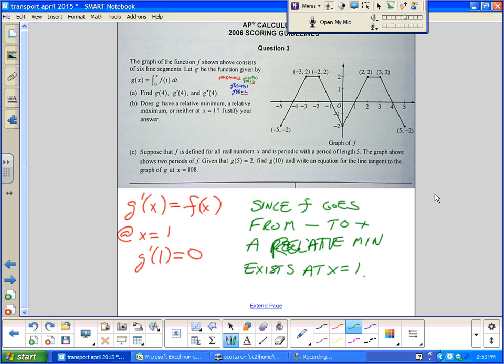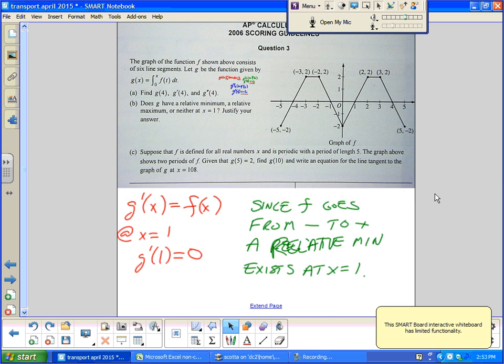All right? You have to have the answer that it's a relative min. That's a point. You got to call out the sign change. That's a point. And it has to be negative to positive. All right? Pretty straightforward. That's 2 points.